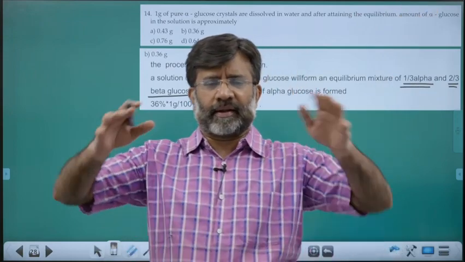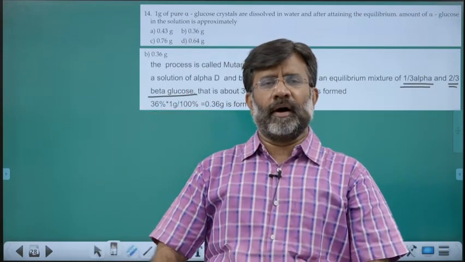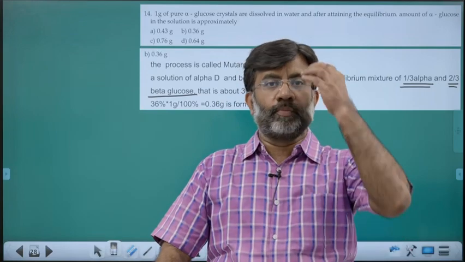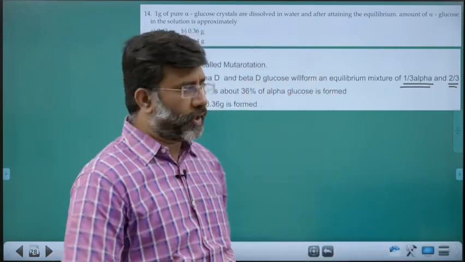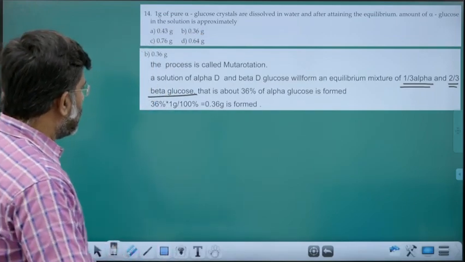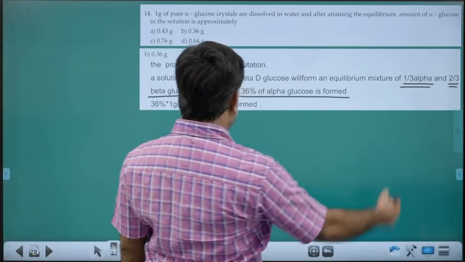So it will attain an equilibrium point, which is the so-called mutarotation. And about 36% alpha glucose is formed.